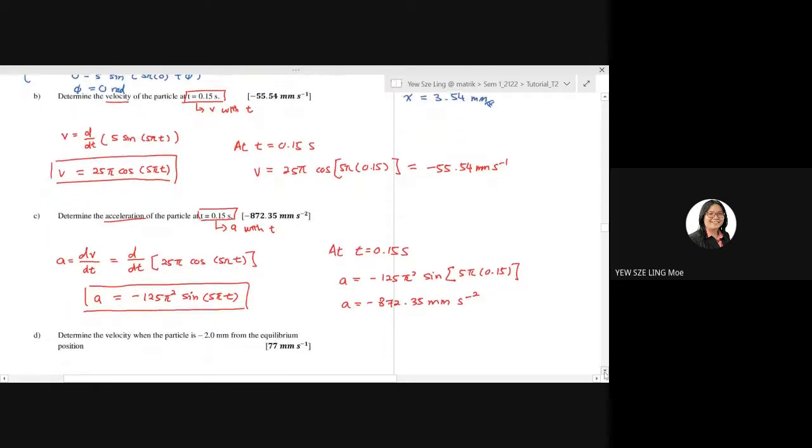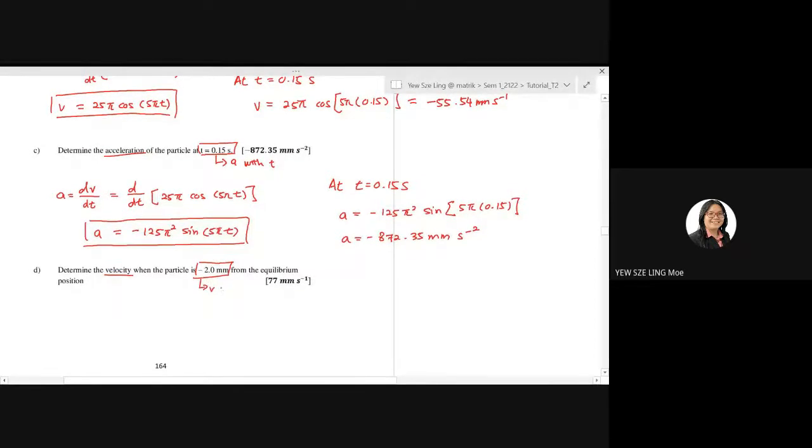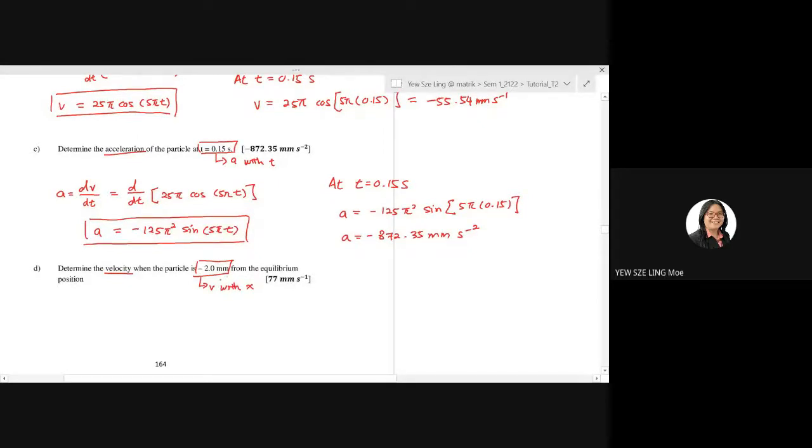And then the last one asks you to determine the velocity when the particle is negative 2 mm from its equilibrium position. So now you are given x. So you need to calculate V with x because you're given x. So what is the equation for V with x?